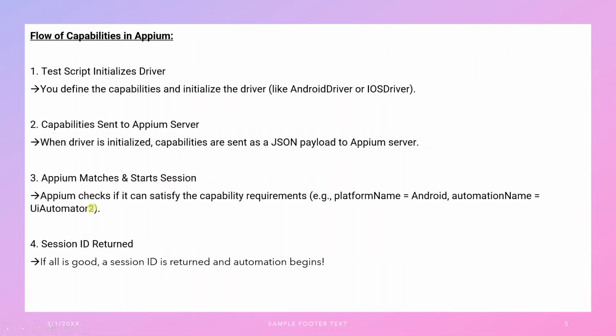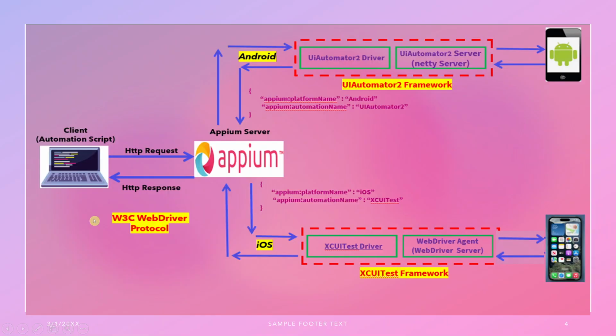APM checks whether it is satisfied with the capability requirements, that is, platform name Android, automation name UI Automator 2. If you see this architecture, here I mentioned platform name Android and automation name UI Automator 2. Based upon these two capabilities, the APM server will decide whether we need to use the UI Automator 2 driver or the XCUITest driver.